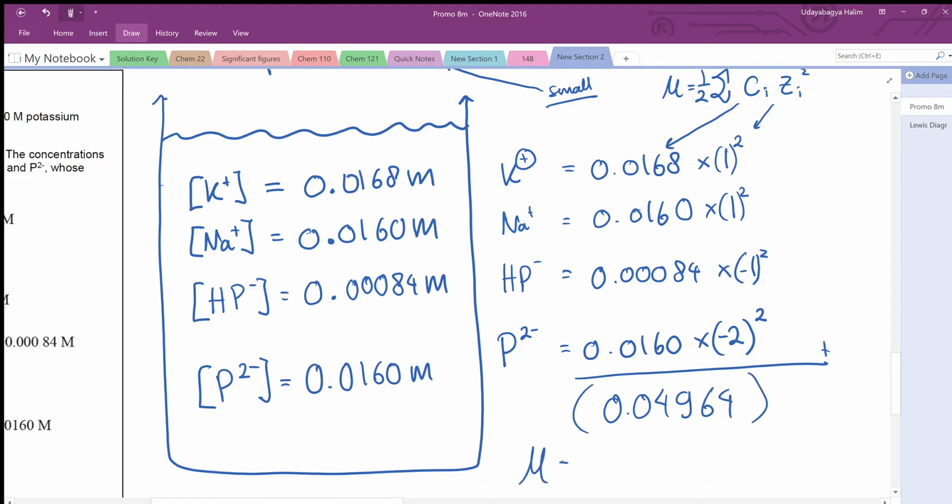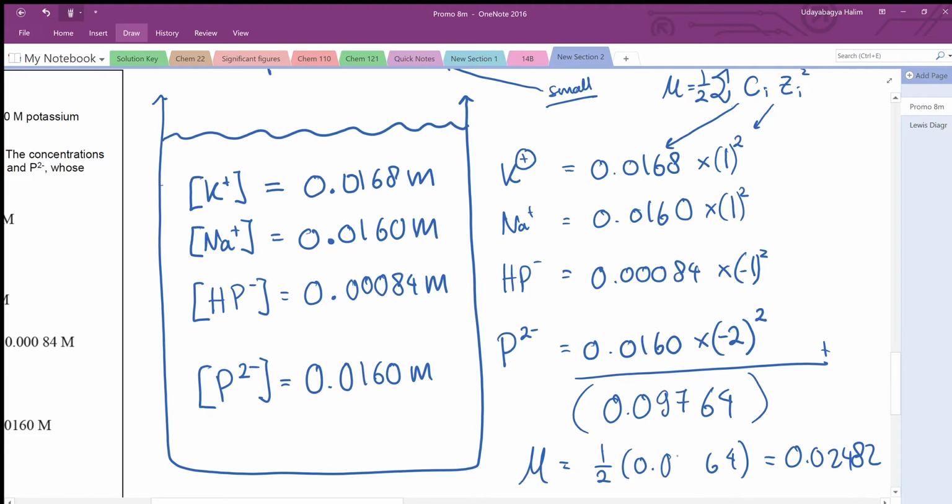And don't forget, to get the actual ionic strength, you have to divide this by 2. So this is going to be 0.02482. Anybody got a different number than I do? Always double check, because it doesn't hurt. Oh, actually I got 0.04964.